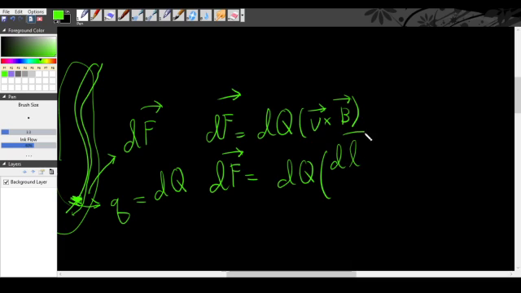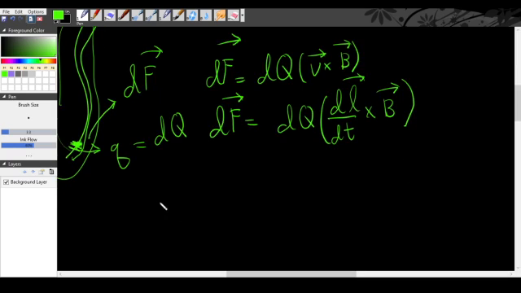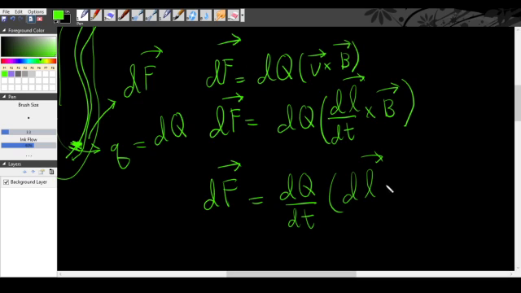So we can change this to dl over dt cross with B. And since dt is a scalar, we can move it out of the cross product. So we have dq over dt times dl crossed with B.